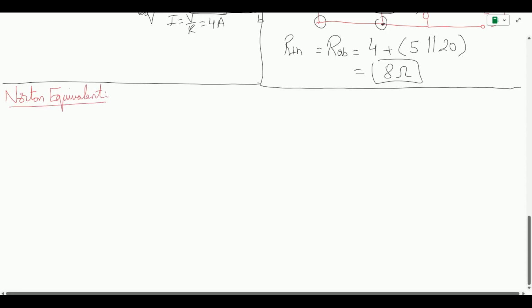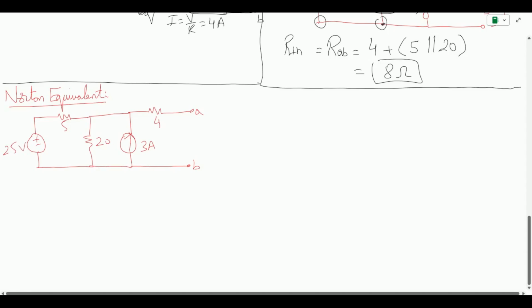So we have the circuit, again the 25 volt source, the 5 ohm resistance, the 20 ohm resistance, followed by the current source of 3 amps, and then you have the 4 ohm at the terminal AB. So this is 4, this is 3 amps, this is 20 ohm, this is 5, and this is 25 volts of source.